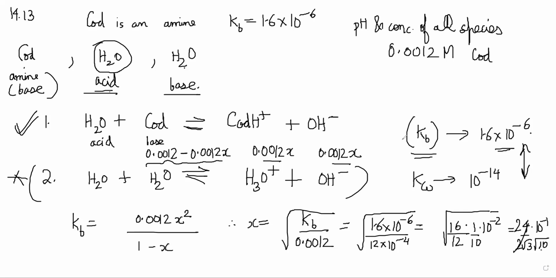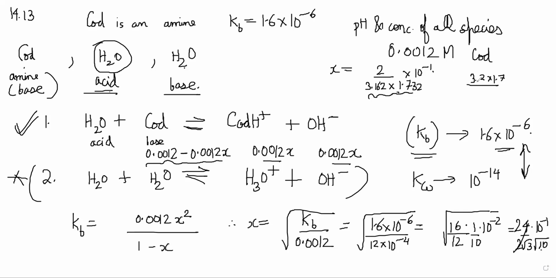Root 10 is 3.162. So 2 by 3.162 into 1.732 into 10 power minus 1, right? That is my x. Let's do an approximate calculation: 3.2 into 1.7.